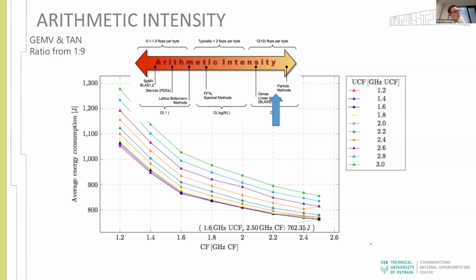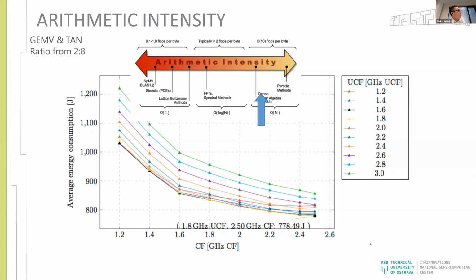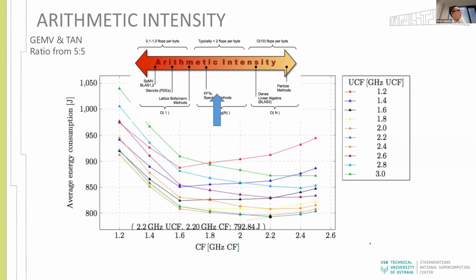If we change the ratio, we can then see how the curves are changing. We need higher uncore frequencies than the previous 1.6. Now the optimal uncore frequency is 2.2, while we can reduce the core frequency from the previous 2.5, if I remember well, to 2.2 and reach lower energy consumption.